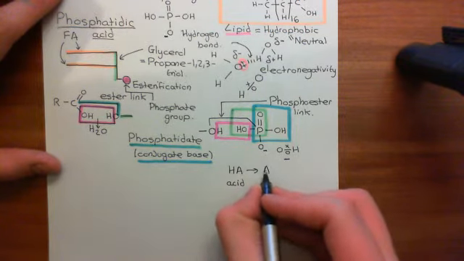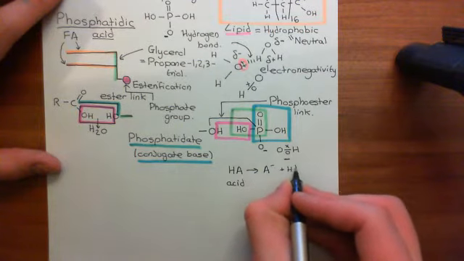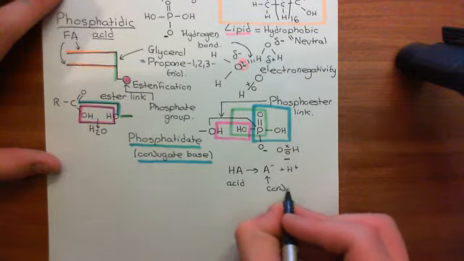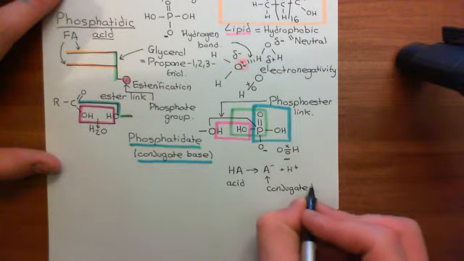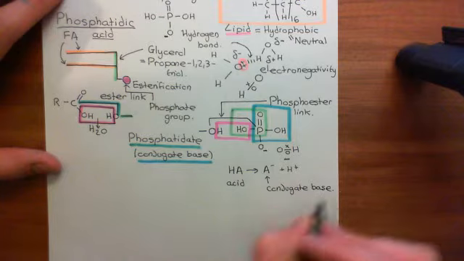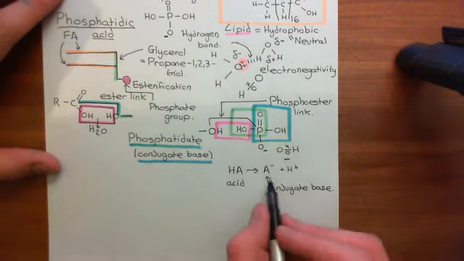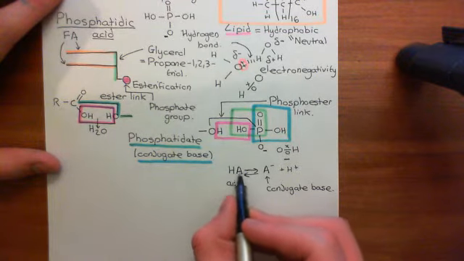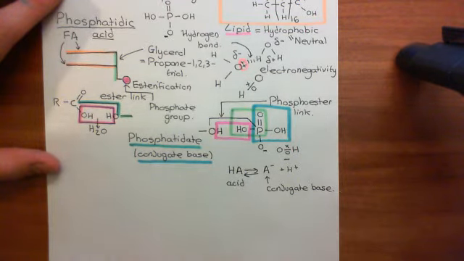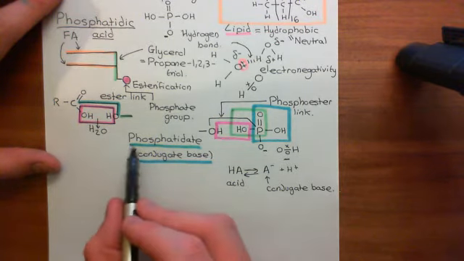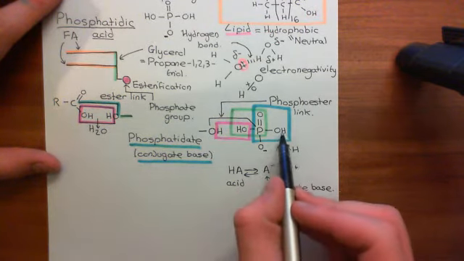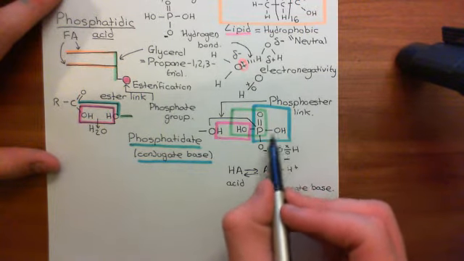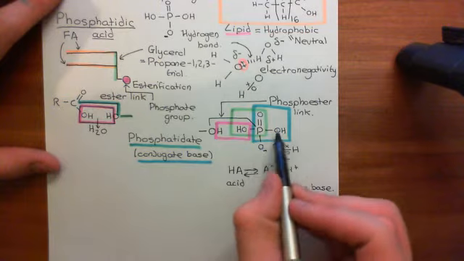Okay, and then it will donate its proton away into solution, and then the name for this molecule that you've got left over, this is called the conjugate base of the acid, okay, because it's no longer an acid, it can't donate protons away into solution. Instead, it's a base because it can accept a proton back into solution to return back into the acid molecule. Okay, right. So phosphatidate is the name of the molecule where you've donated that proton off that alcohol group, and you've therefore got two oxygens with negative charges on them.